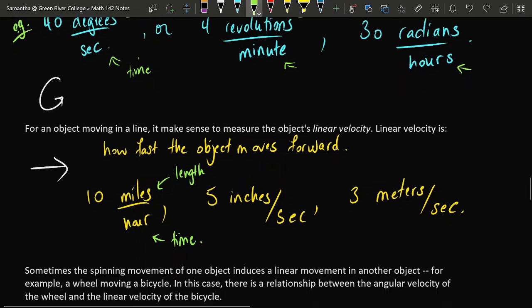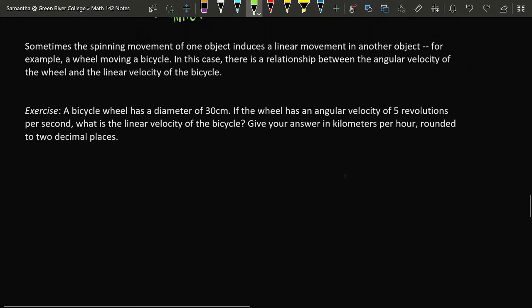Now, if you have an object which is moving forward as a result of some kind of wheel, like a bicycle or a car or a cart or wagon or something like that, then there is a relationship between the angular velocity of the wheel and the linear velocity of the object that is being moved by the wheel.